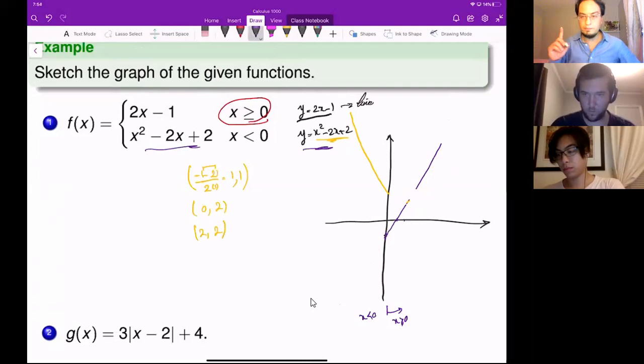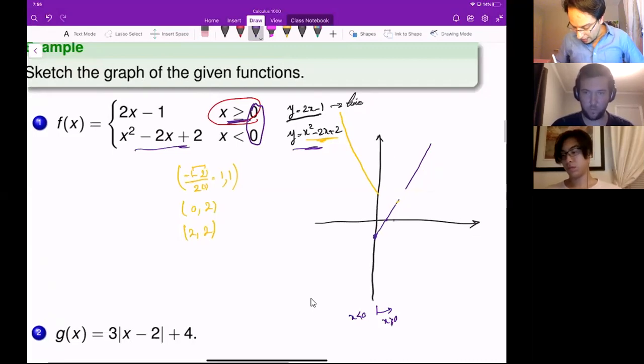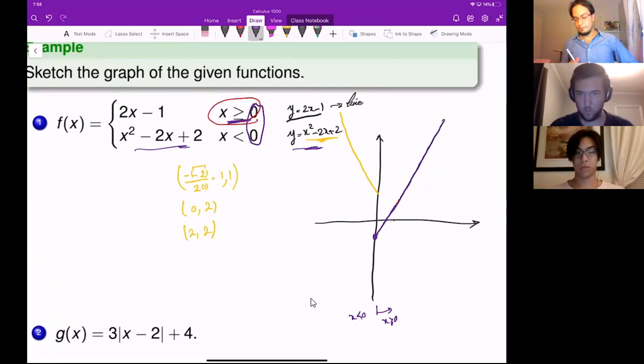Always when it comes to piecewise defined functions, the separating point, in this case the 0, the point of intersection of the domains, you have to be very careful to include on which part of the graph. Here, x equal to 0 is included on the first one, so the line should have a solid bullet over there.